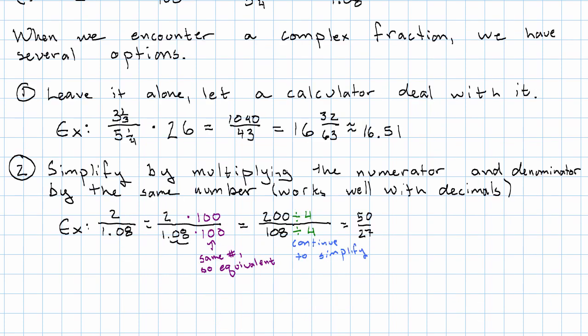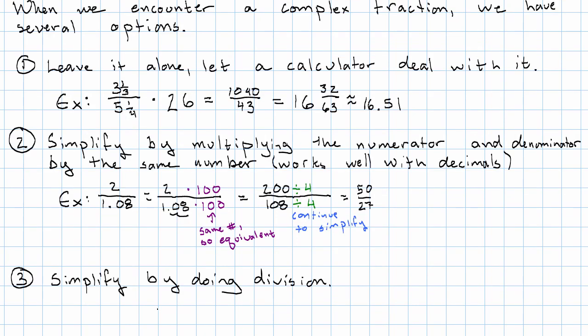The other way that we might choose to simplify a complex fraction is by understanding the fraction bar as division. So for example, if we have 12.5 over 100, we can understand that as 12.5 divided by 100.